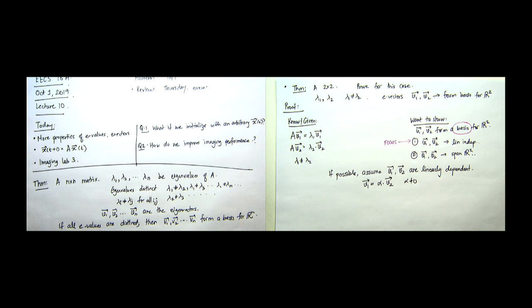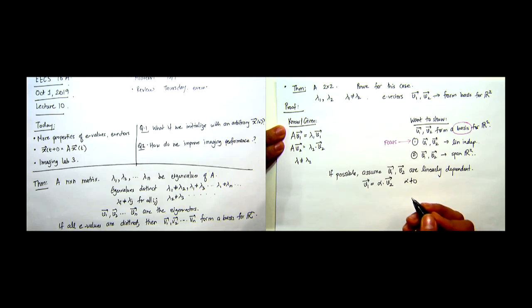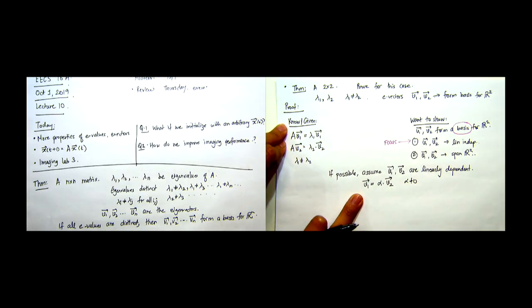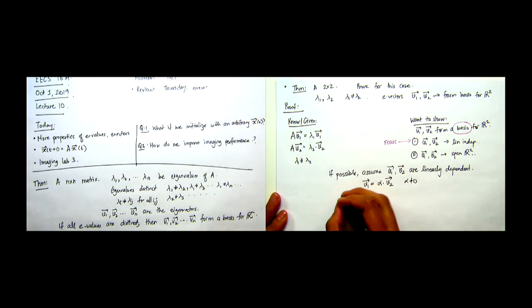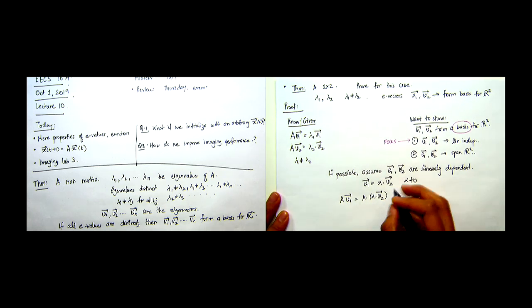Now, you have this and you have this, and somehow you need to connect these things up. When you see a V1 and you know something about A times V1, what do you feel like doing to this equation? Multiply by A. So let's try multiplying by A. So let's say I have A V1 is equal to A times alpha V2. Can I rearrange this product?